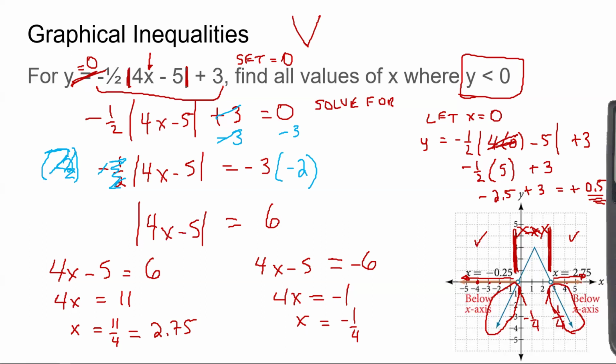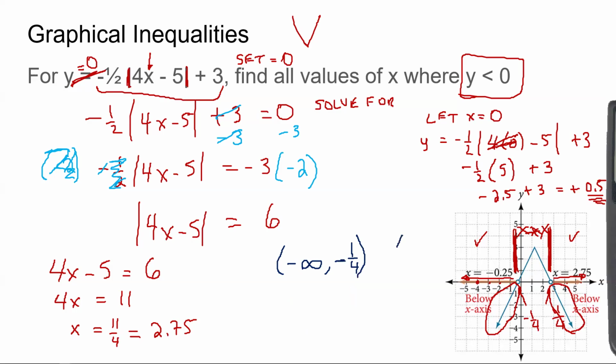In set notation, I would have to say that I want to go from negative infinity all the way up to -1/4, but I never get to negative infinity, and I don't want to include -1/4.